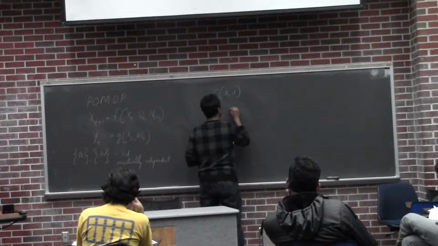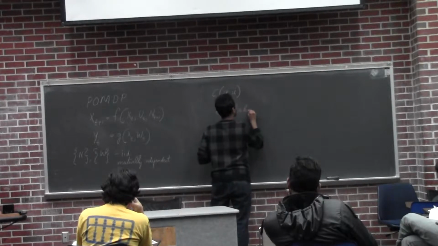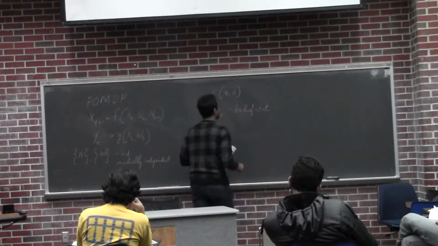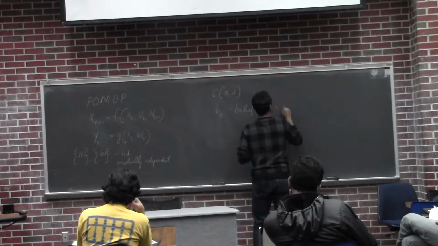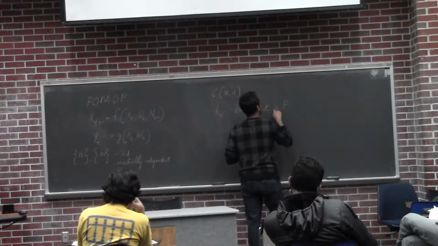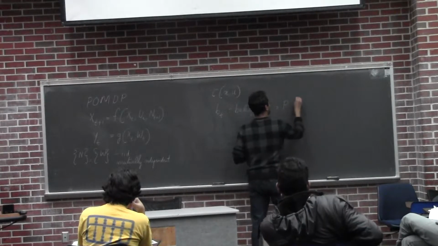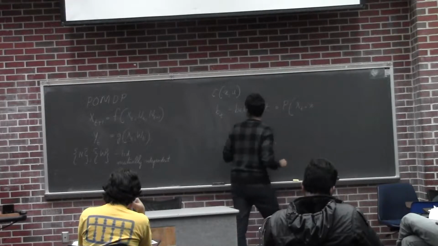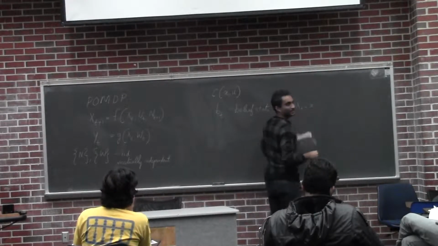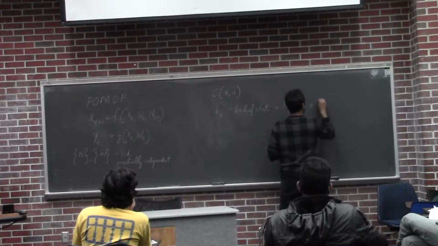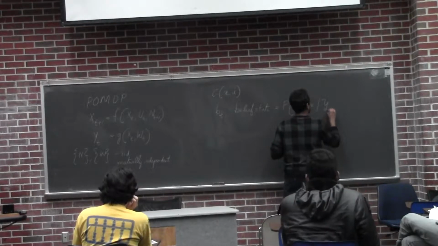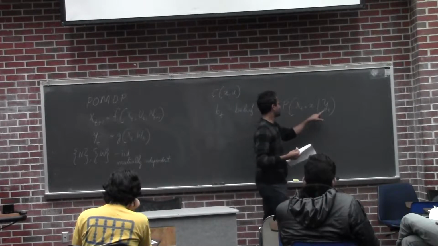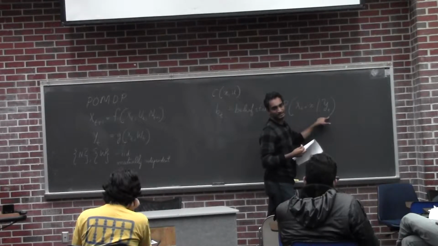So the belief state is defined as the probability of the state of the Markov chain being x given the entire history of observations up to the time t.